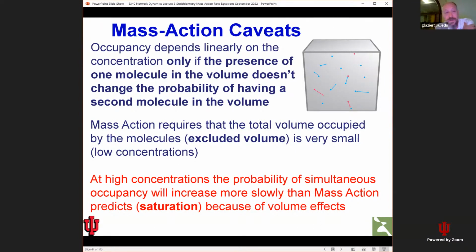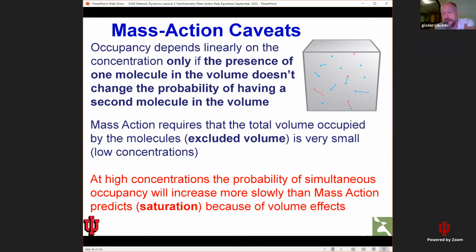Again, as I mentioned before, the key thing is that the probability of that second molecule being in your volume has to be independent of whether your first molecule is there or not. And that means that the molecules have to be small compared to the volume. If the excluded volume is not small, the densities are high, it doesn't work.